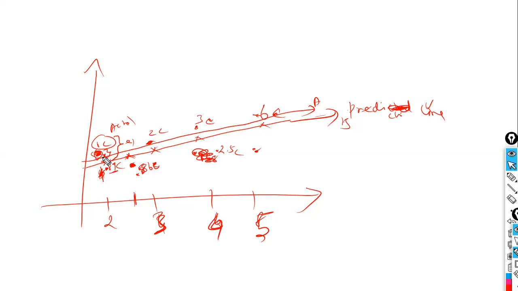The distance between this one and this is too far because your predicted value is here. This is your actual value. Let's work on this 2 bedroom. The one house costs 1 crore, but my model predicted 0.86 or 0.96.